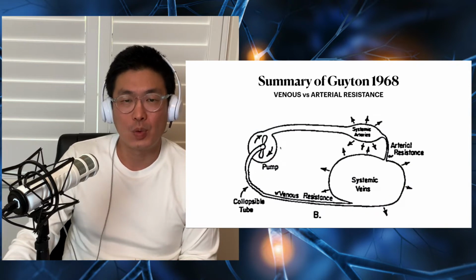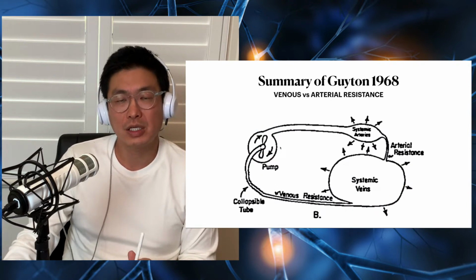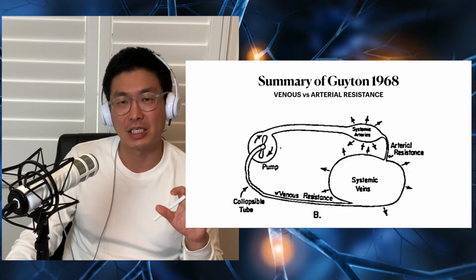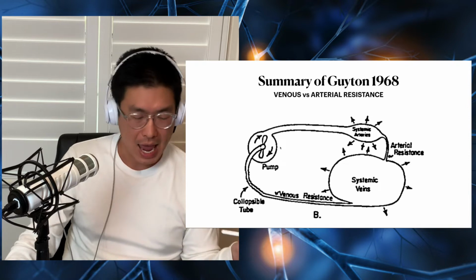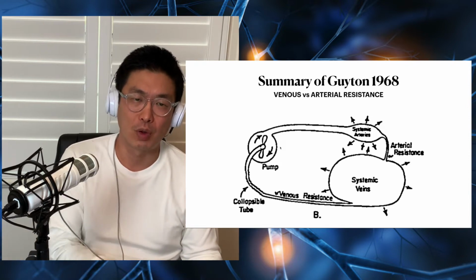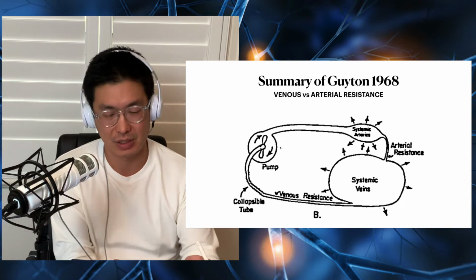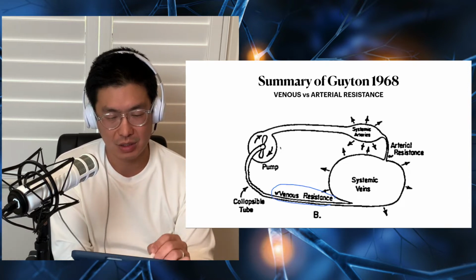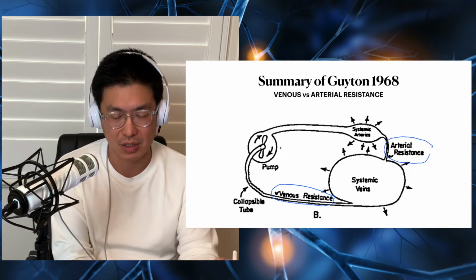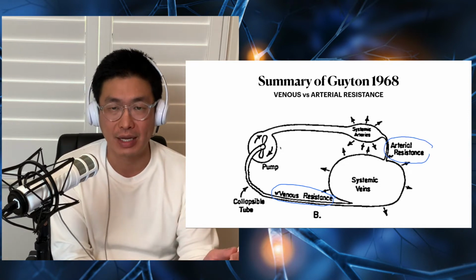Now, this one here. So this concept is talking about the idea of venous versus arterial resistance. And Guyton here says that venous resistance is more important than arterial resistance. So venous resistance plays a much more important role than arterial resistance when it comes to cardiac output.